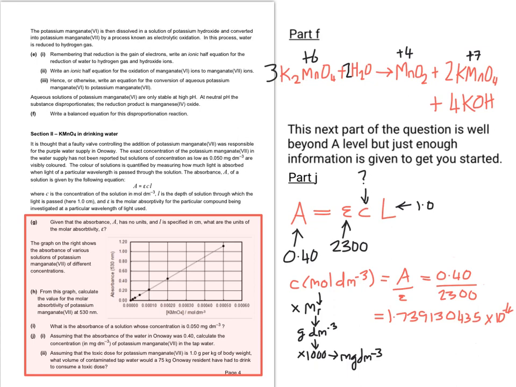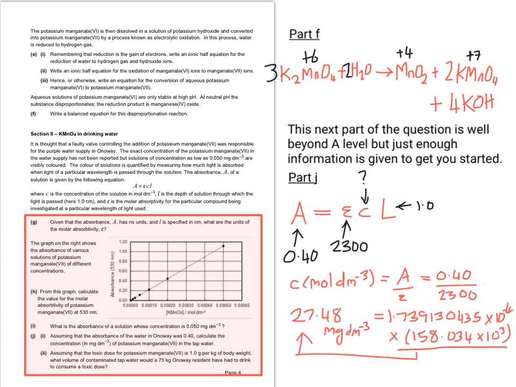So that means you multiply moles per decimeter to the minus 3 by MR to get grams per decimeter to the minus 3, multiplying that by 1,000 to get milligrams per decimeter to the minus 3. So working that out gives us 27.48 milligrams per decimeter to the minus 3 as our concentration.